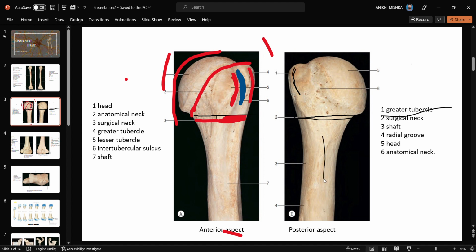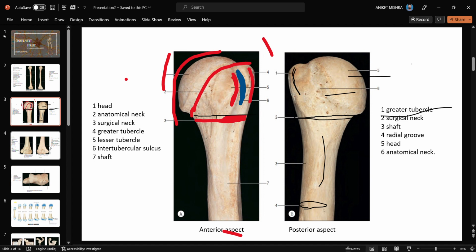The shaft has a structure called the radial groove, which is present on the shaft. And there is the anatomical neck and the head of the humerus.